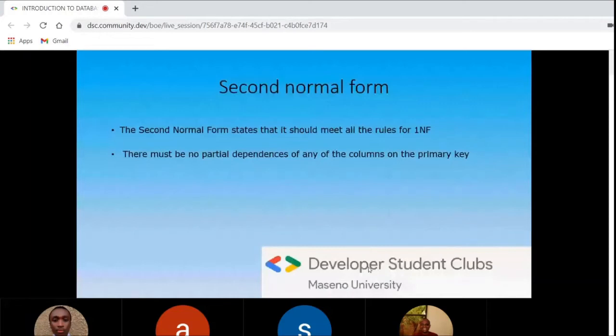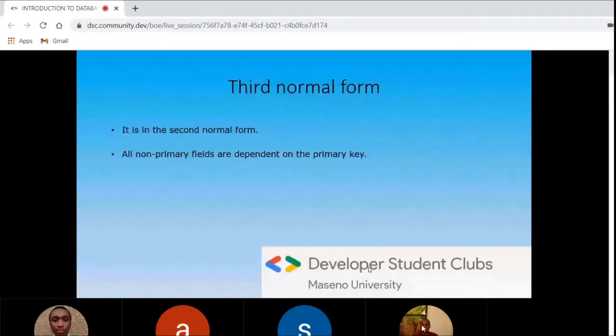Okay, so when you talk of the third normal form, it has two conditions, or let me call them rules. It must be in the second normal form first, then all non-primary fields must be dependent on the primary key. So this is an example, for example, Anto is from Nanyuki.